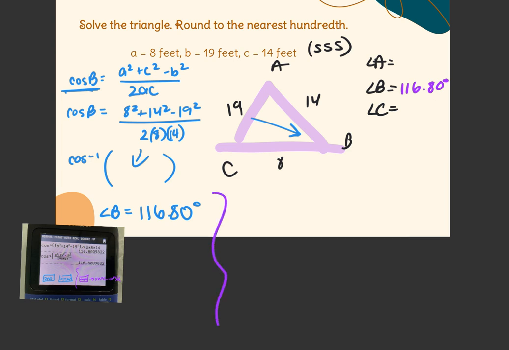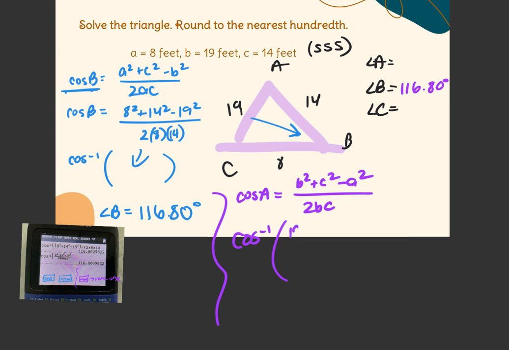law of cosines. Let's say I want to find A next. Then it would be cosine of A equals the other two sums, so B squared plus C squared minus A squared over 2BC. And I'm going to do cosine -1 of B, which is 8 squared, plus C, 14 squared, minus A, I did A first.